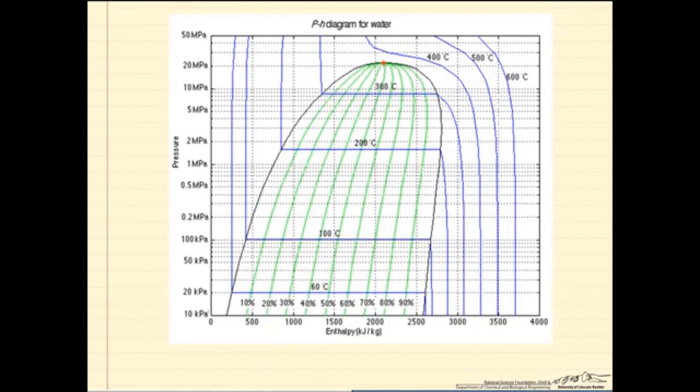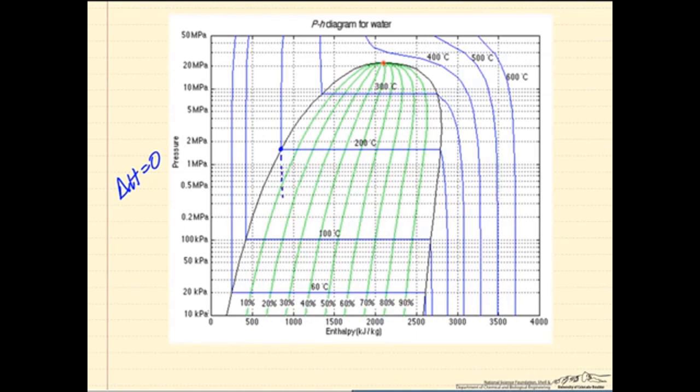The final thing I like to use this diagram to show, and one of the reasons that this is a useful diagram, is if we look at, say, a throttle process. So if we start with the saturated liquid and we throttle it, namely an adiabatic flow process, enthalpy doesn't change, so delta H equals 0 for an adiabatic throttle process.